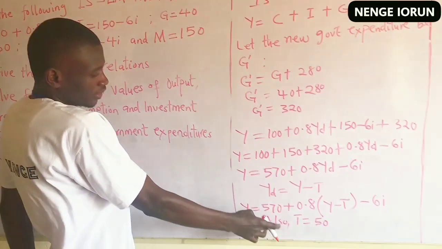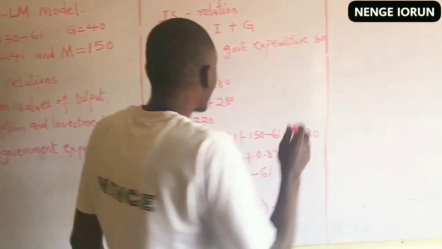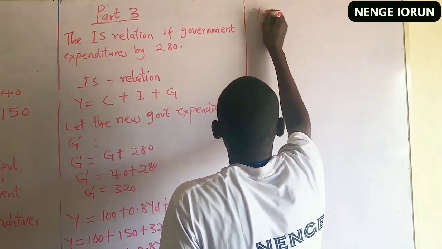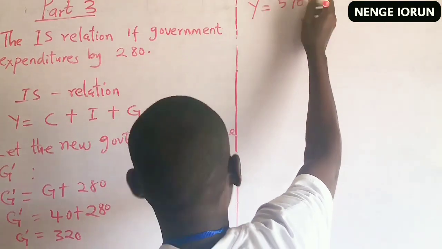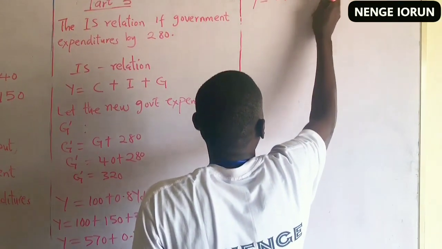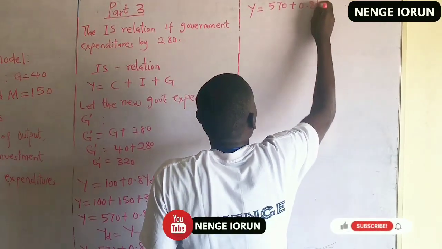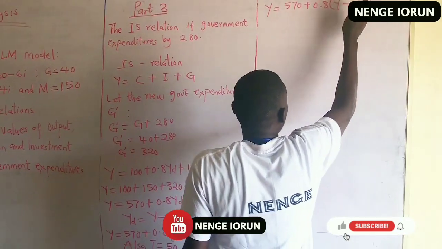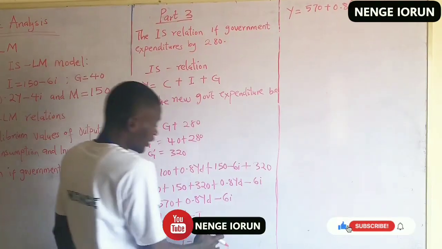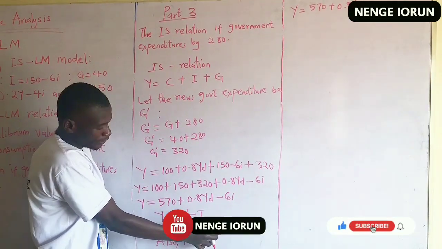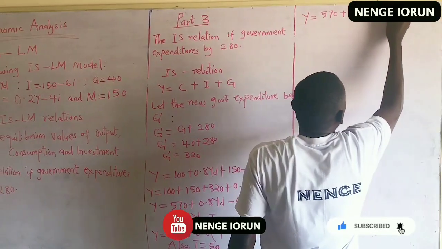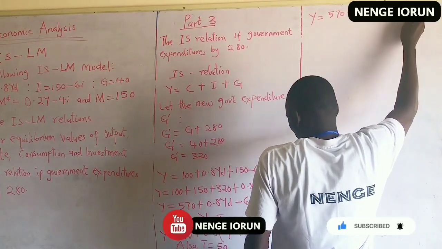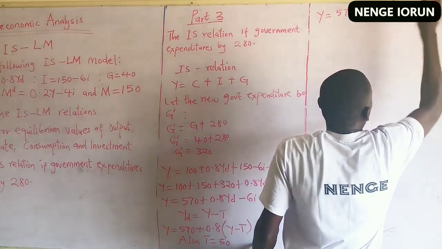So by substitution, you will have Y is equal to 570 plus 0.8 into Y minus, in place of T, we put the actual value for T, which is 50. Close the bracket, minus 6i.